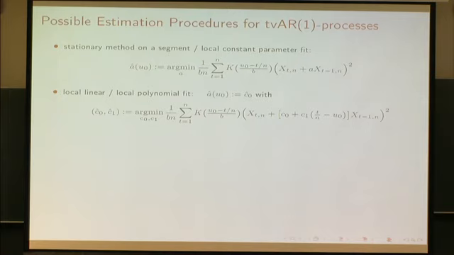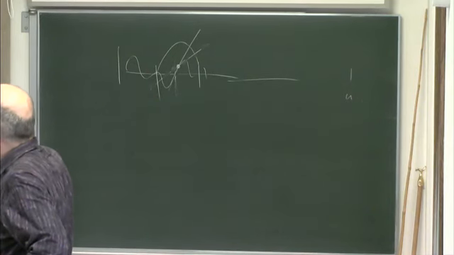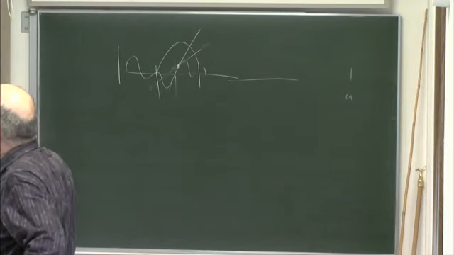If this is the curve, then it would look this way, so your local polynomial, and then you get a better estimator, and you get an estimator in addition for the derivative. And if you apply higher order polynomials here, you can have estimators for the higher order derivatives.